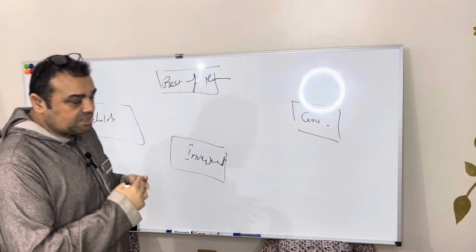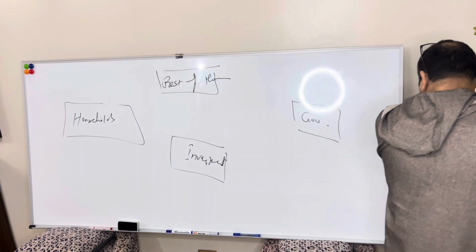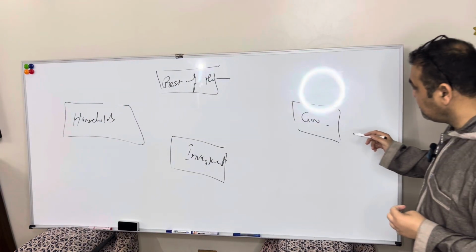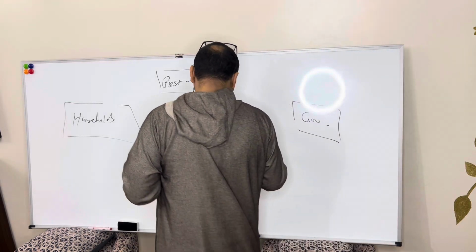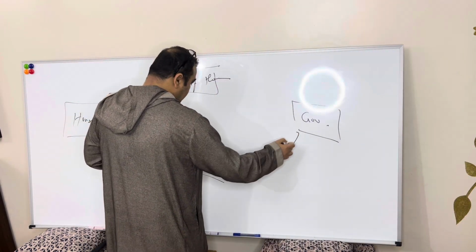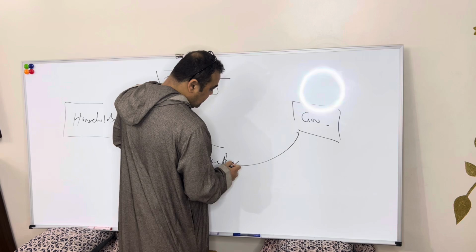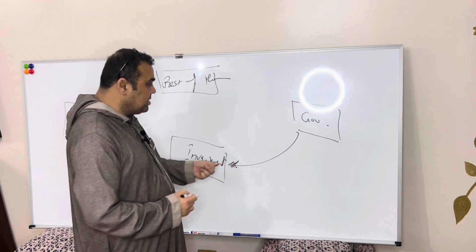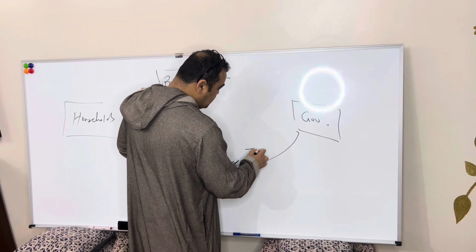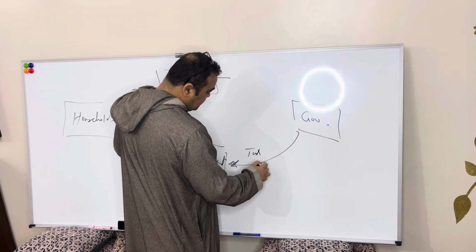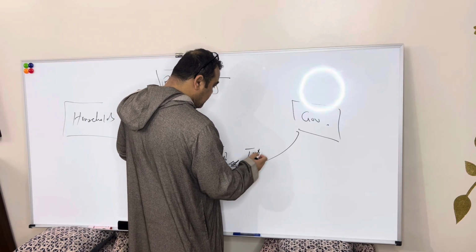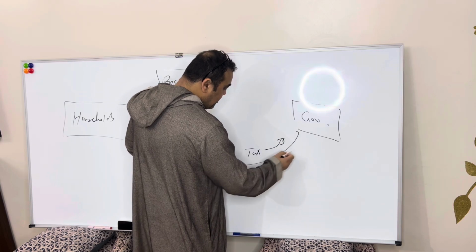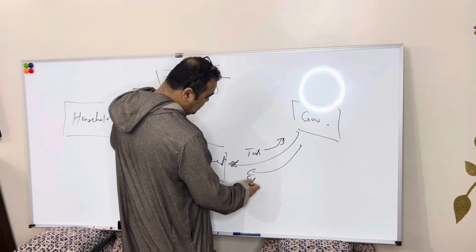There is an interaction between these four sectors. The government deals with the investors. They support the suppliers and they get taxes, and they give them subsidies.